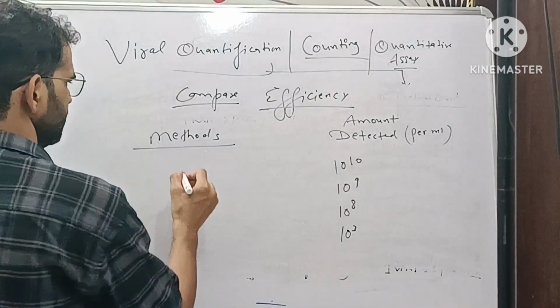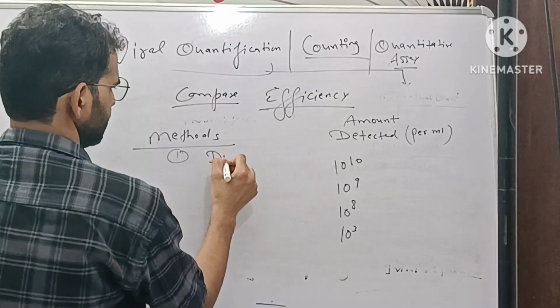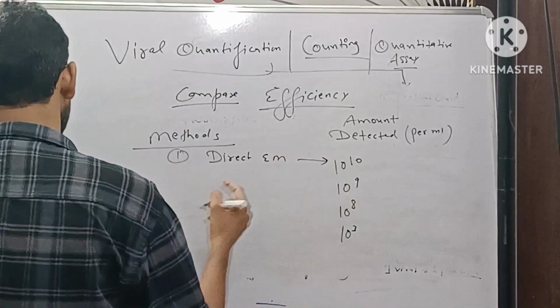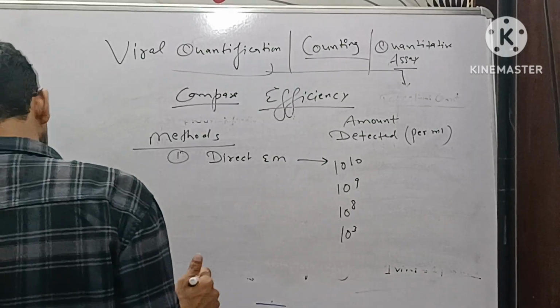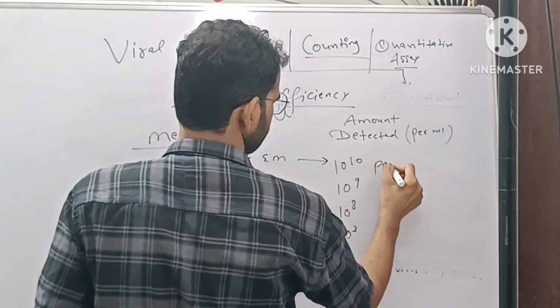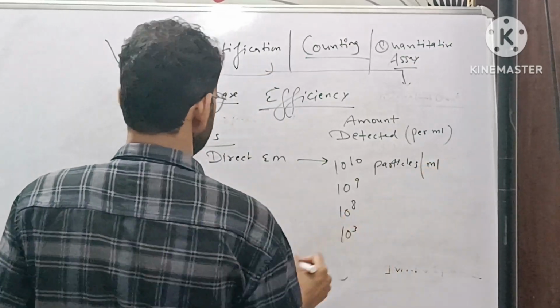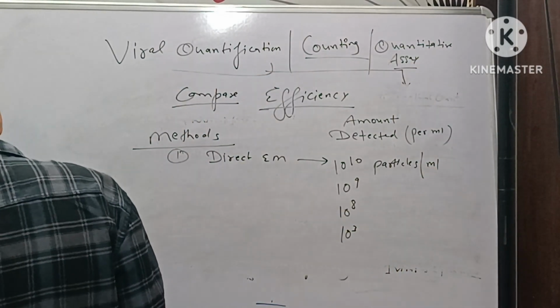Number 1, direct electron microscopic count, is 10 to the power 10 particles per ml. This is the efficiency.